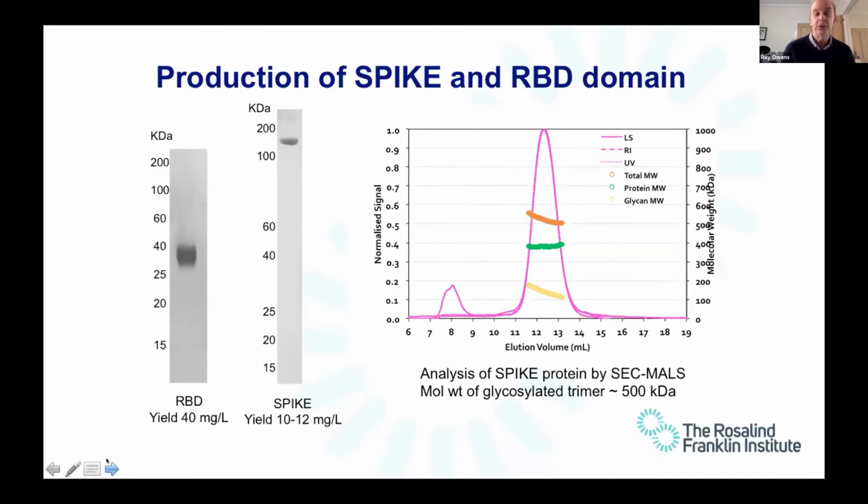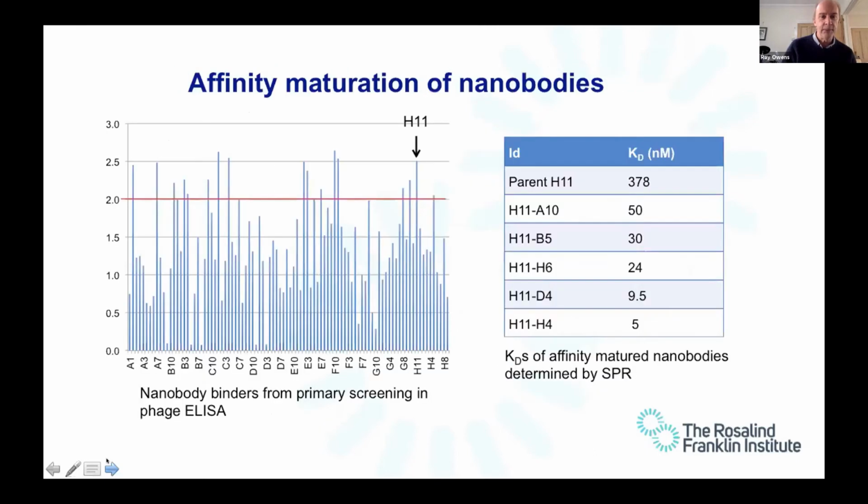And I think this is essential for the structural work, but also for the functional studies and investigating antibody-antigen interactions. So we use the suspension HEK Expi cell system and get really good yields of these materials transiently. And for the spike protein, apart from EM, we use SEC-MALS to characterize it, because obviously we're looking to form an authentic trimer, which is stabilized by protein mutations within the sequence. So these are the two antigens in the system for both screening and analysis.